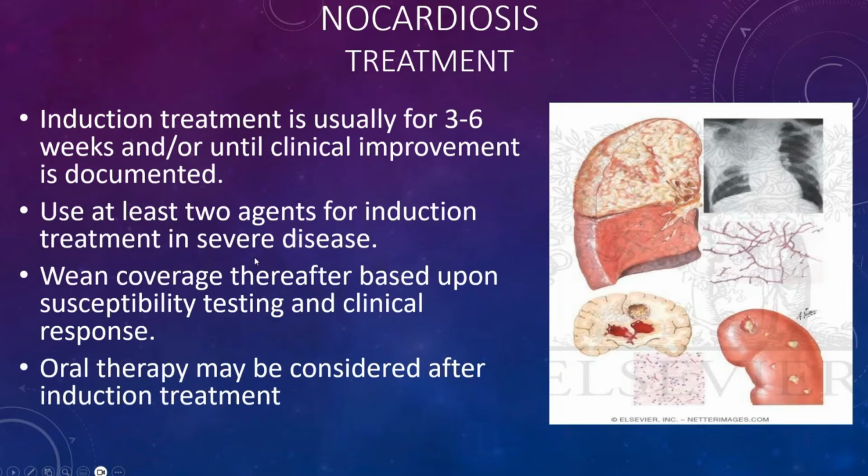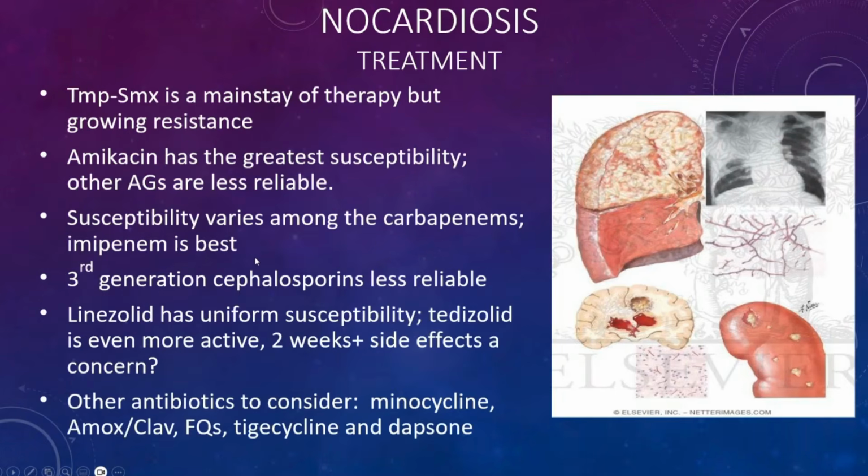Severe disease should have at least 2 active agents, with coverage being subsequently weaned based upon susceptibility testing and clinical response. And there are oral treatment options after induction treatment, which can make the consolidation phase much easier for the patient to tolerate.